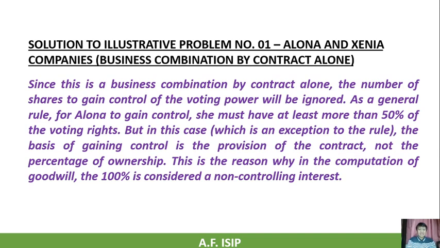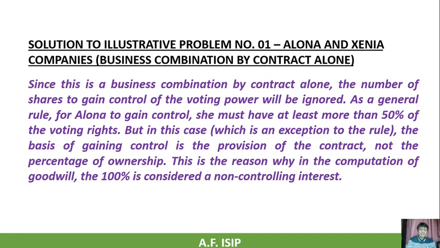The basis of gaining control is the provision of the contract, not the percentage of ownership, because the contract itself in this case is very powerful. Both of them agreed that Alona will gain control even without the more than 50% rule to become a majority owner.